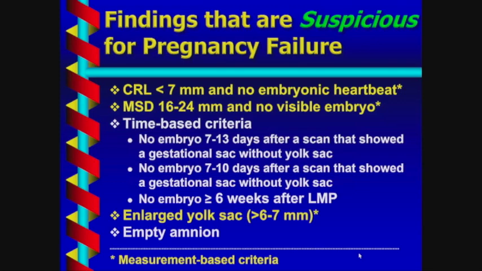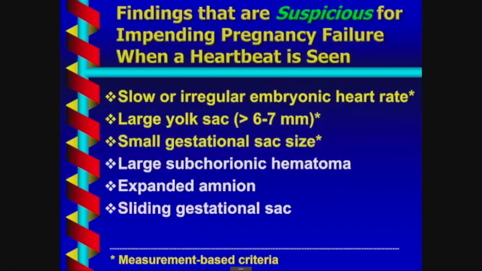Findings that are suspicious, you heard in the prior talk, also include some measurement criteria and some that are not measurement criteria. And then there are findings that are suspicious for impending pregnancy failure when you see a heartbeat, some of which, again, use measurements: a slow or irregular embryonic heart rate, a large yolk sac, or a small gestational sac size.